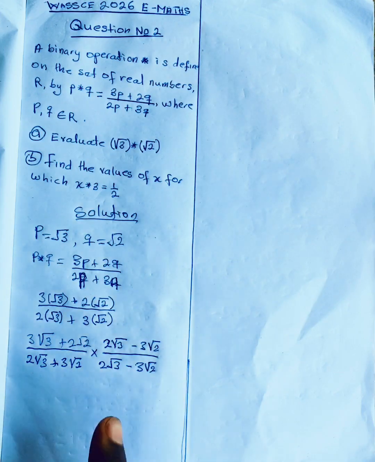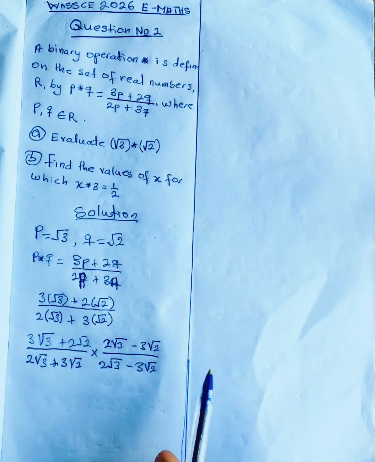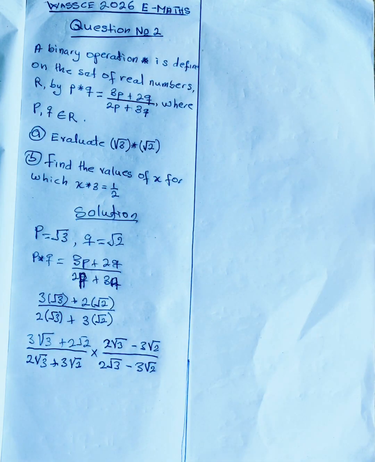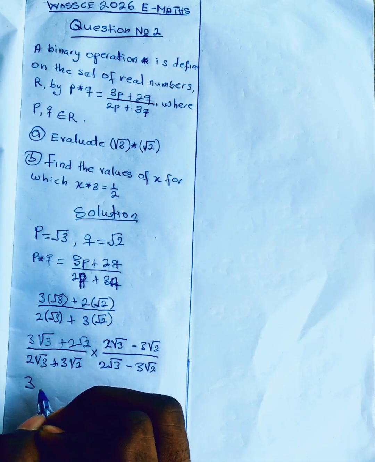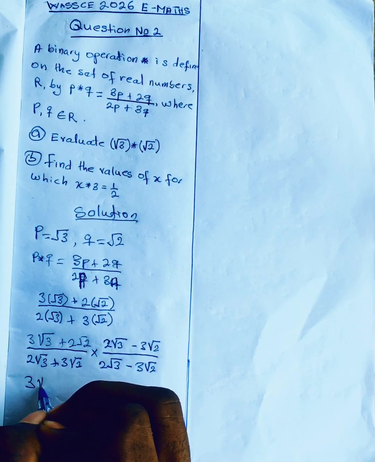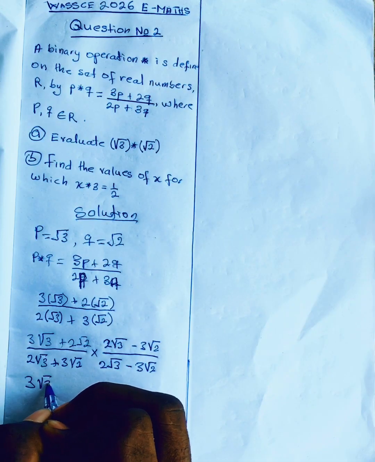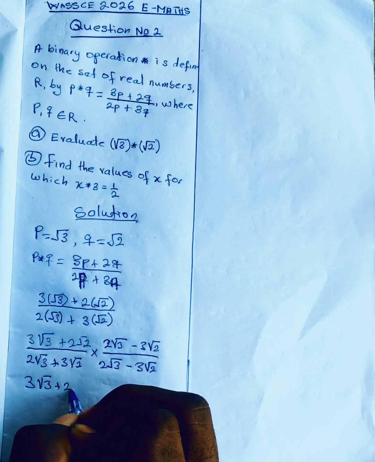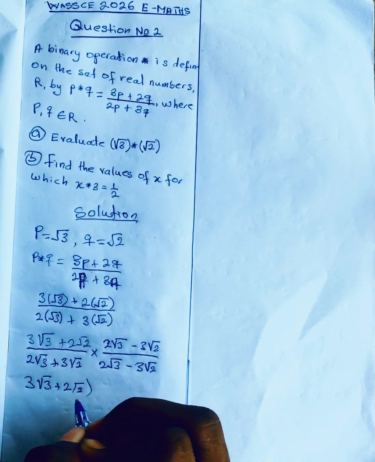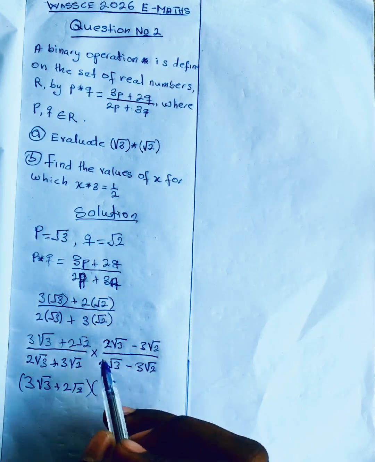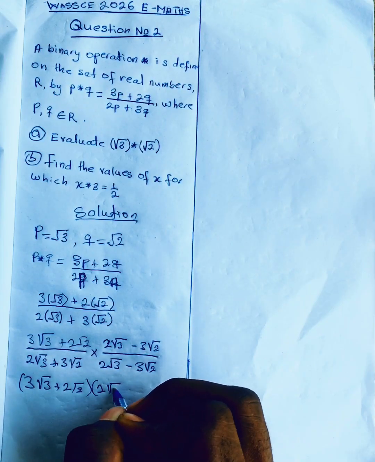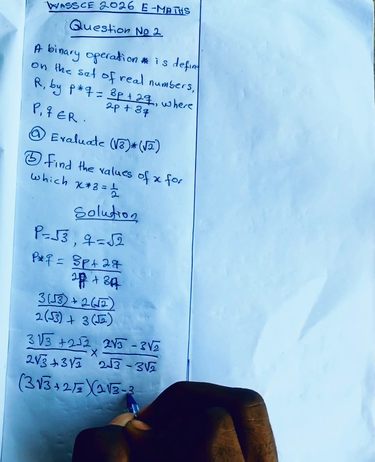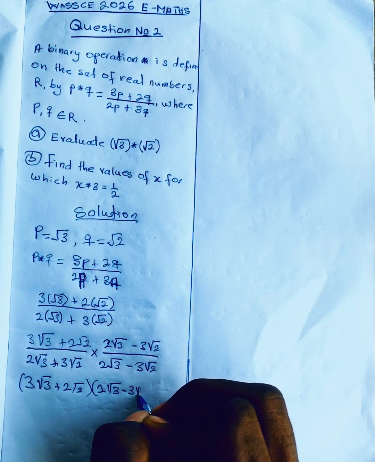Now at this point, we are going to multiply them separately. So let's go to this side. For the top one, we have 3 root 3 plus 2 root 2, then we put them in brackets, multiplying by 2 root 3 minus 3 root 2.